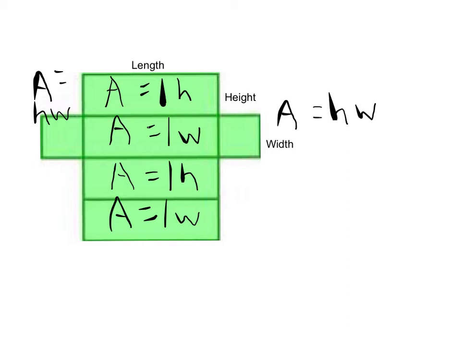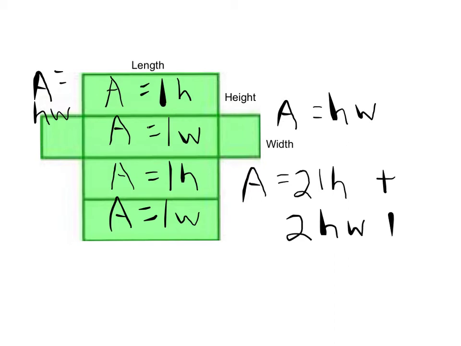So what that's going to look like is this: area equals 2 times length times height plus 2 times the height times the width plus 2 times the length times the width. This formula here will actually allow us to calculate the surface area of any rectangular prism.